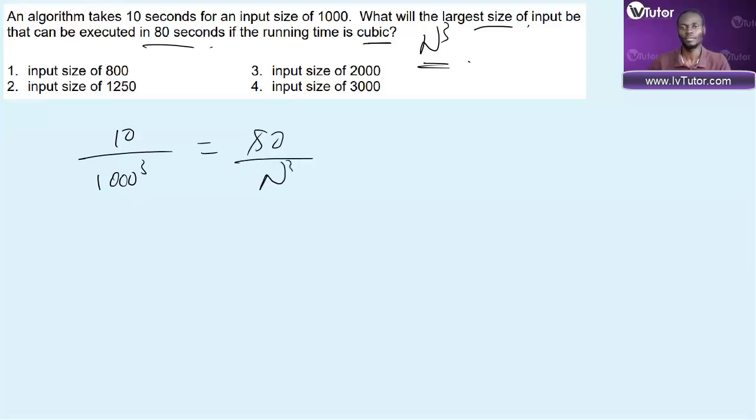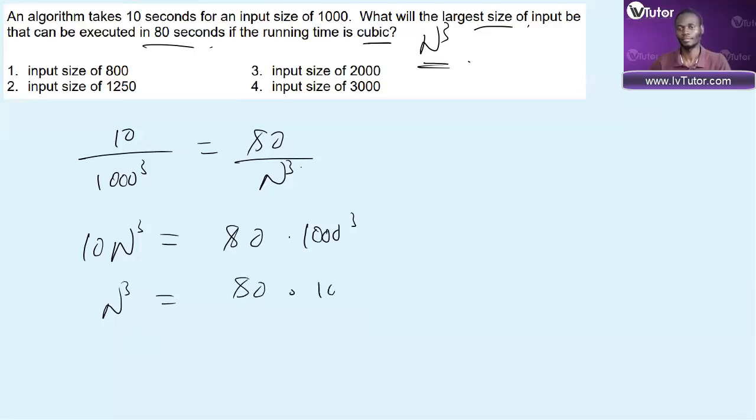Here over n cubed. Okay, so you do the same thing, you end up with 10 n cubed is equal to 80 multiplied by 1,000 cubed, which means your n cubed is going to be 80 multiplied by 1,000 cubed over 10. You can do your maths there. Let's just do it this way.